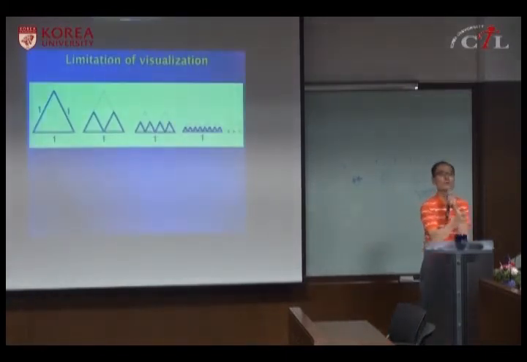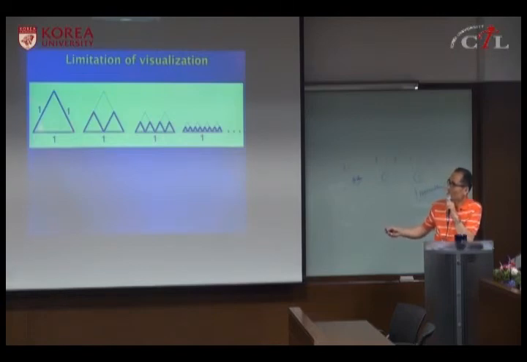However, one thing you should remember, there is a limitation of visualization. What do you think? This length should be the same as this one, right? This one should be the same as this one, right?